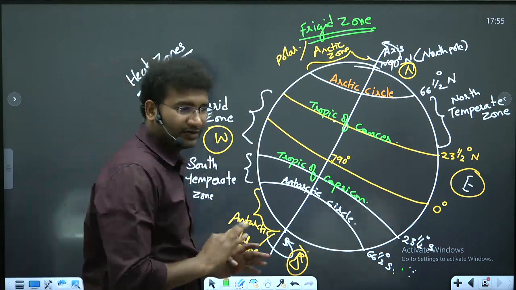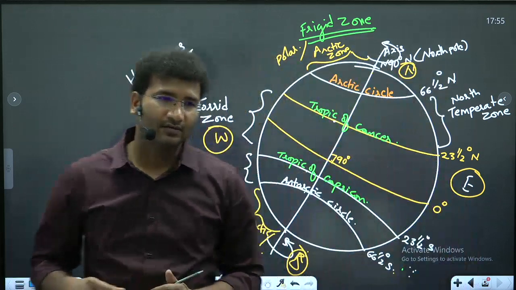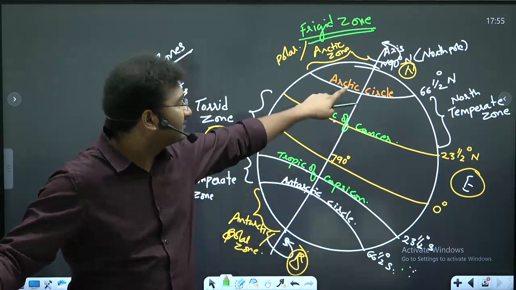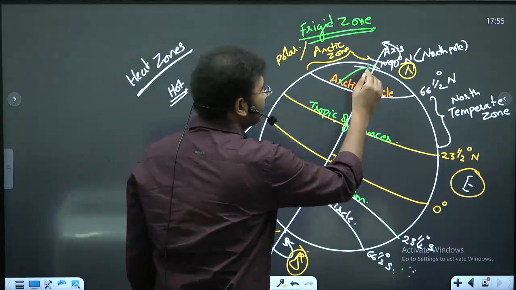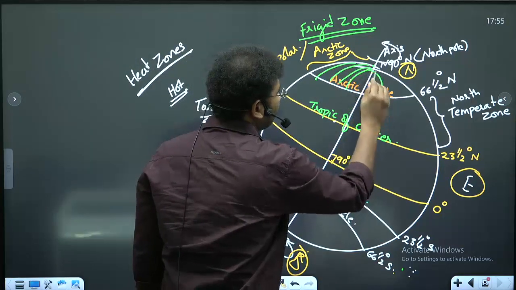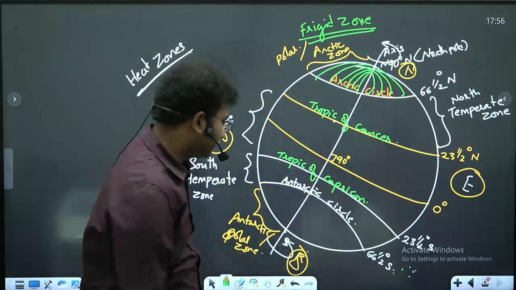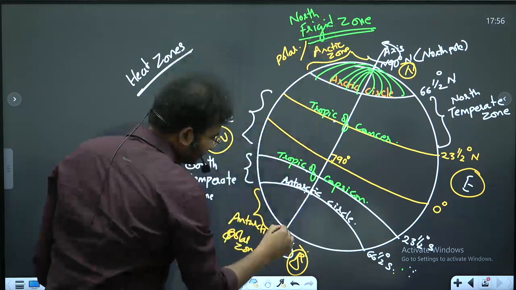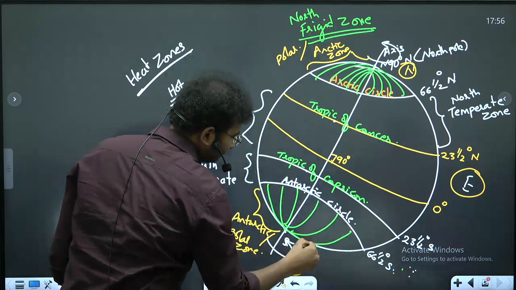Right? Are you clear with latitudes? Now we'll go towards the longitudes. Between the Arctic Circle and North Pole, this entire region is called frigid zone. Yes, this is North frigid. This is South frigid.